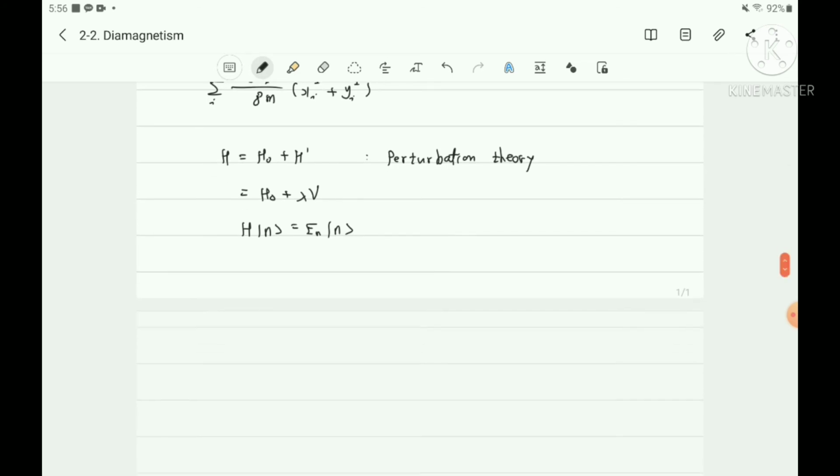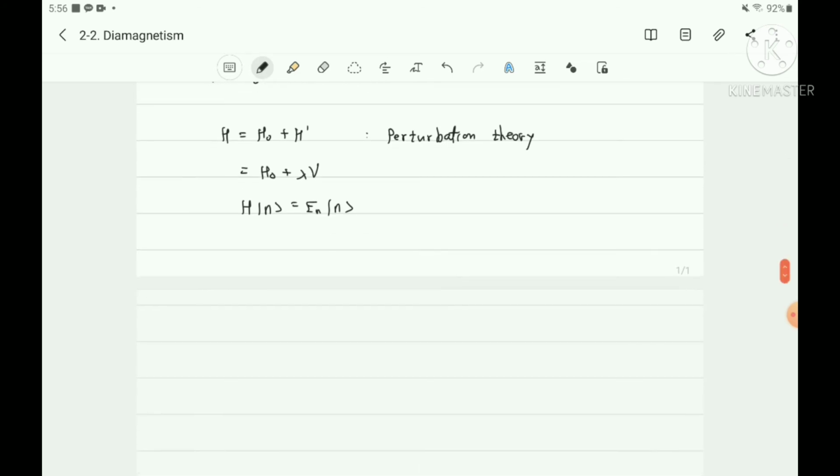Let's assume that the energy has the zero-point energy plus the first perturbation energy with lambda and the second perturbation energy, like this.